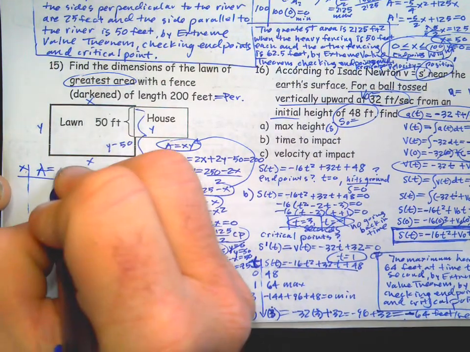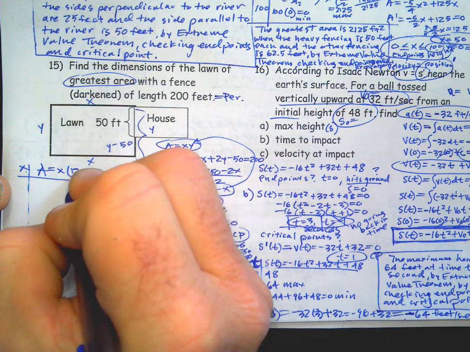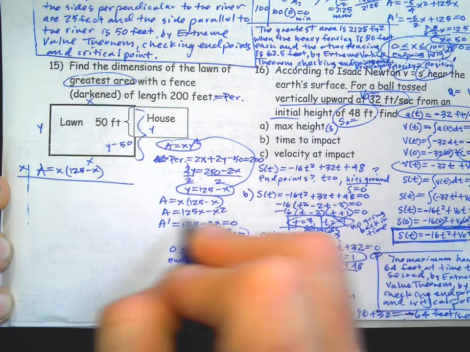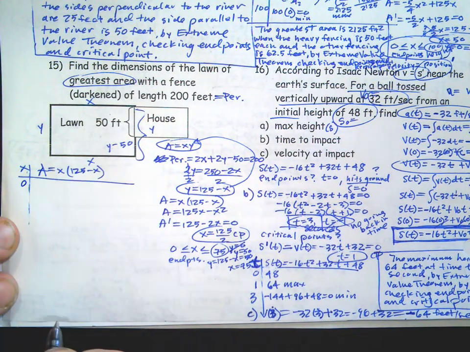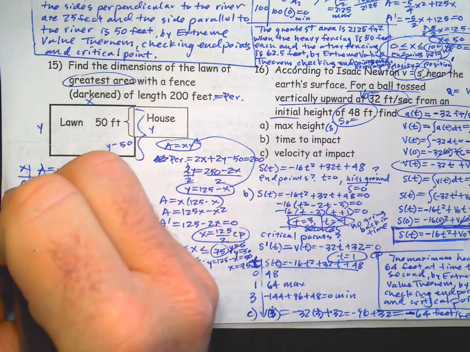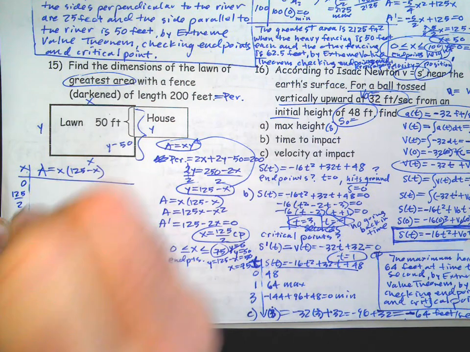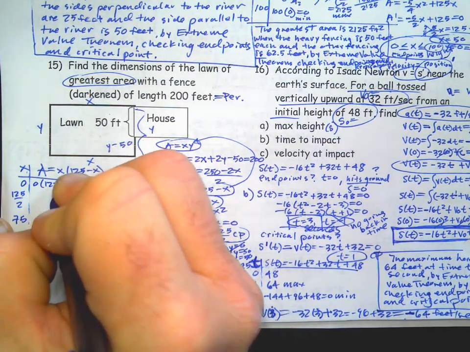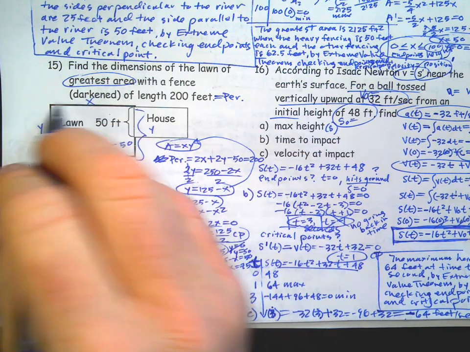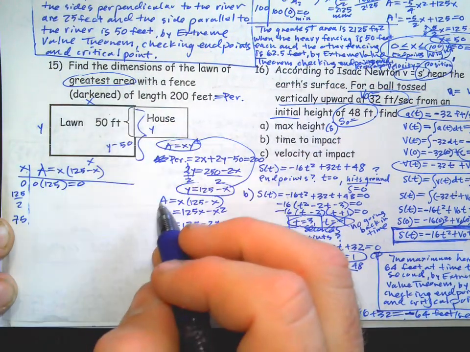And I like to use the factored version for my table. The simplified version is easier for the derivative. Plug your endpoints and critical points in. And so that's going to be 0 times 125 is 0. So it's kind of silly because the fencing all right up against the house can't contain anything.